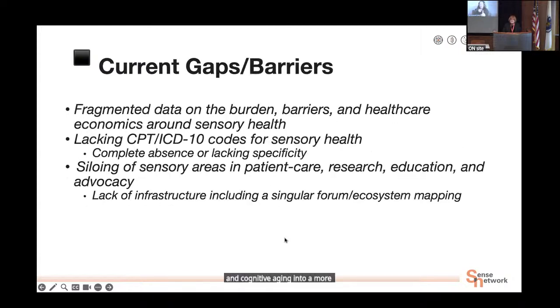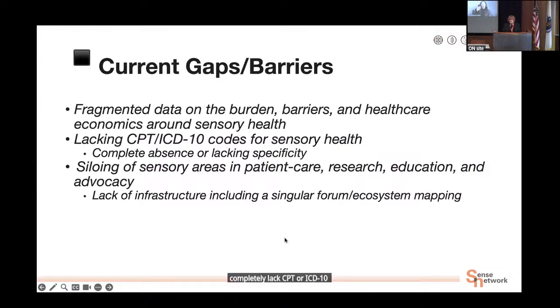And so some of the gaps that we identified that we think policy changes can actually address are that there's a lot of data, but it's fragmented on the burdens, the barriers, and the healthcare economics around sensory health, which leaves us with little in the way of implementation science that we can draw on to make these compelling policy recommendations. In some of the sensory areas, we completely lacked CPT or ICD-10 codes for insurance.